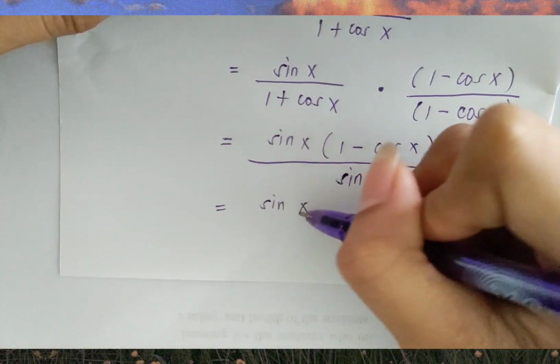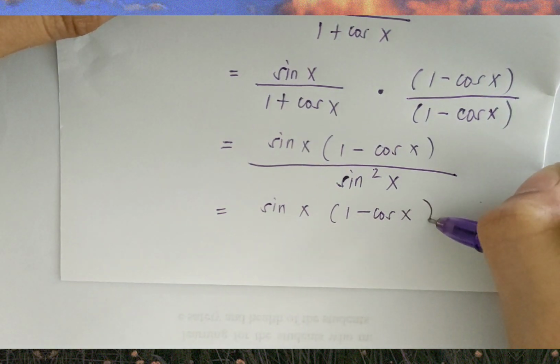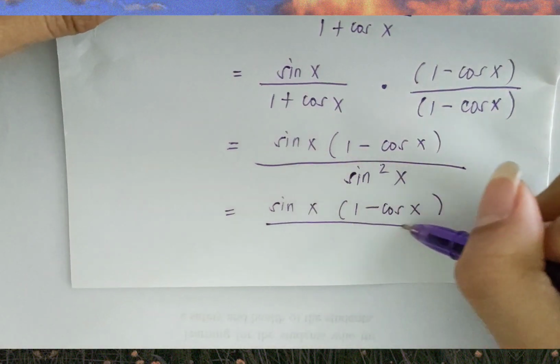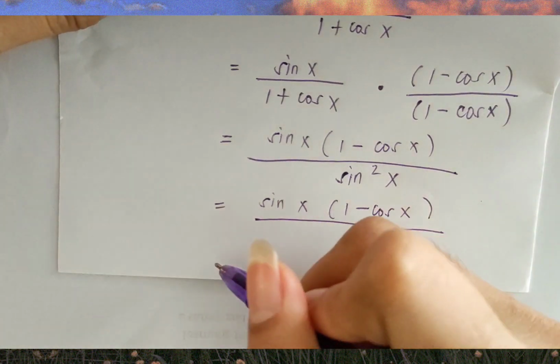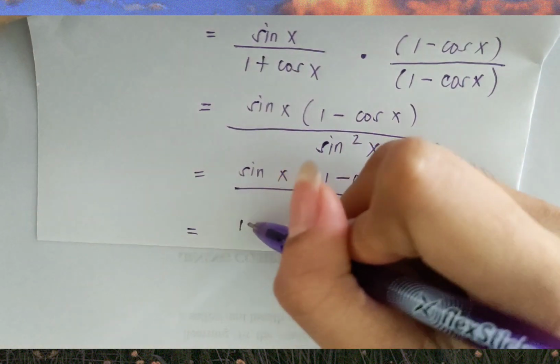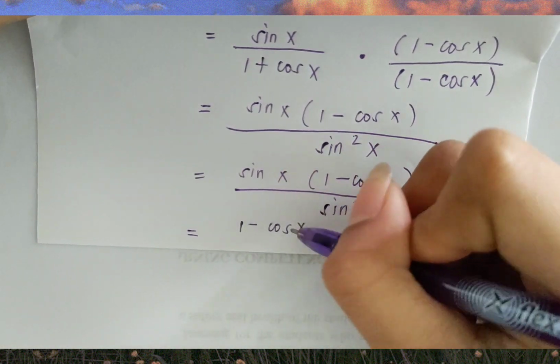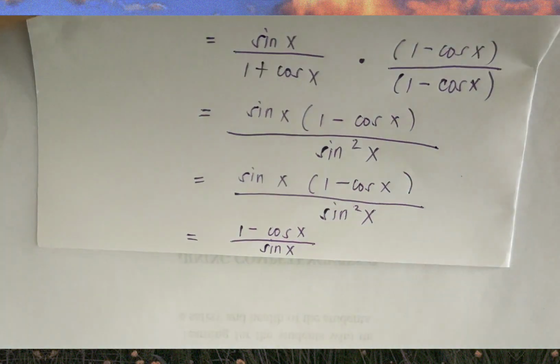And the final answer will be, using the Pythagorean identity, 1 minus cosine x all over sine x.